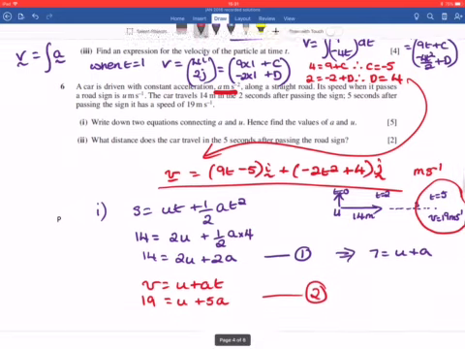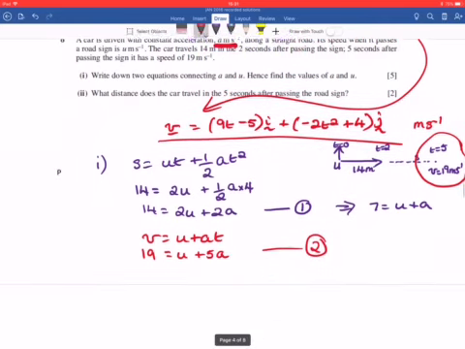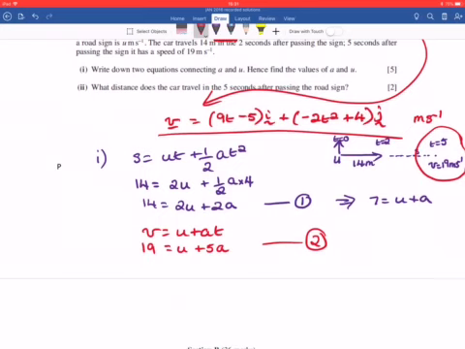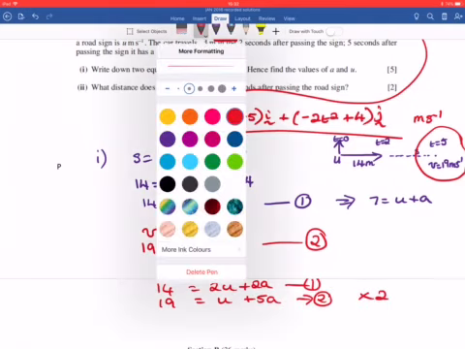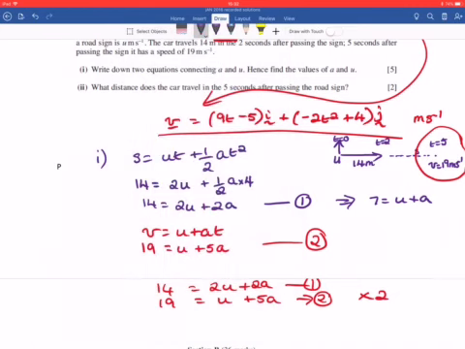Okay, so can I get an overall equation from this? I've got 14 equals 2u plus 2a, that's 1, and 19 equals u plus 5a, that's 2. If I multiply this one by 2, I get 38 equals 2u plus 10a.